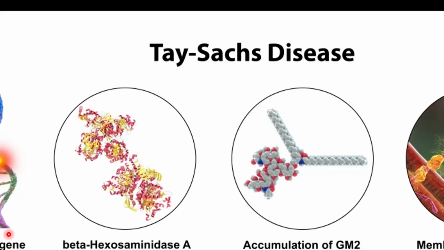Tay-Sachs disease happens due to mutation in the HEXA gene. HEXA is a gene which, when mutated, leads to beta hexosaminidase A deficiency. Due to this enzyme deficiency, there is an accumulation of GM2 gangliosides in neurons.